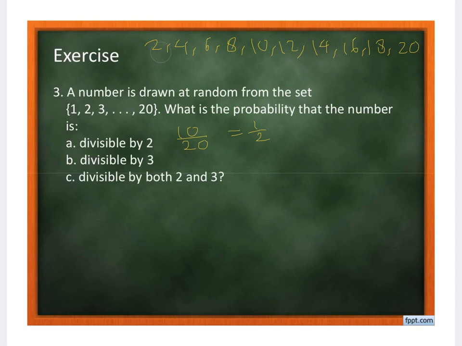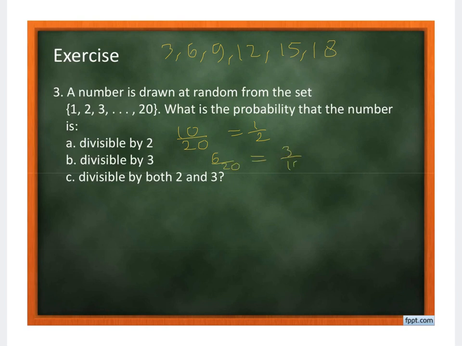Divisible by 3. The numbers can be 3, 6, 9, 12, 15, 18. There are 6 numbers. 6 over 20, so the answer is 3 over 10.